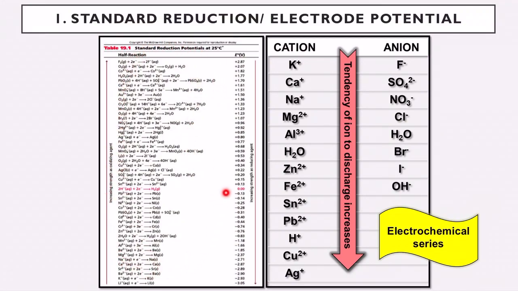Okay, so ini adalah value of your species. Okay, so yang ni memang lah awak tak boleh hafal, but what you have to remember is the electrochemical series. I guess you have learned this before during SPM days.